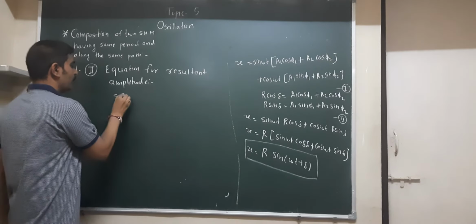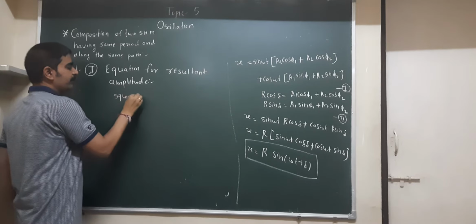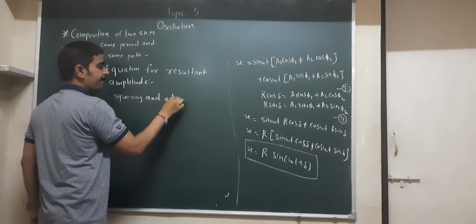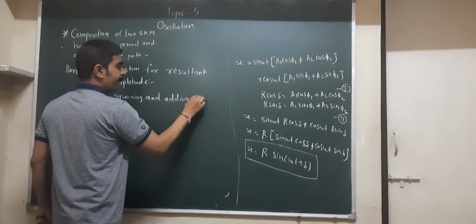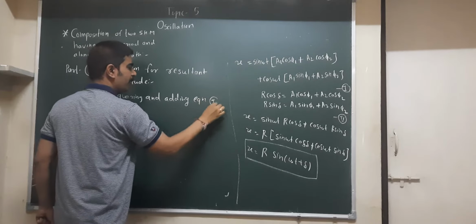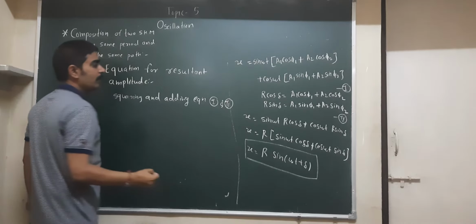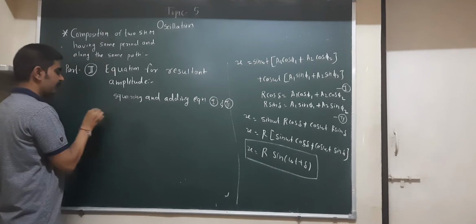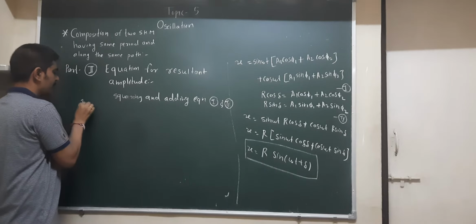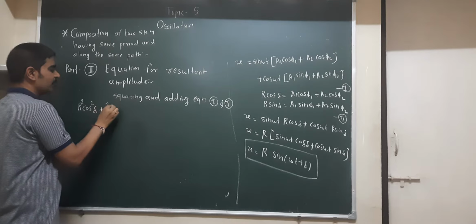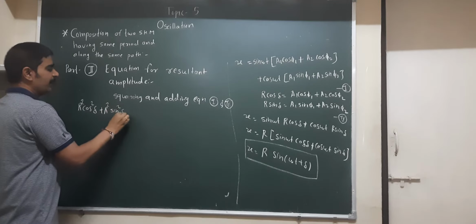So squaring and adding equations 1 and 2, we can write, as we are squaring, R square cos square delta plus R square sin square delta.